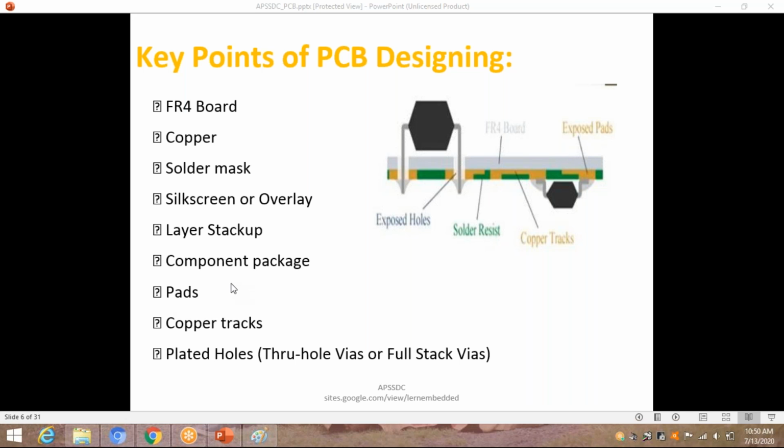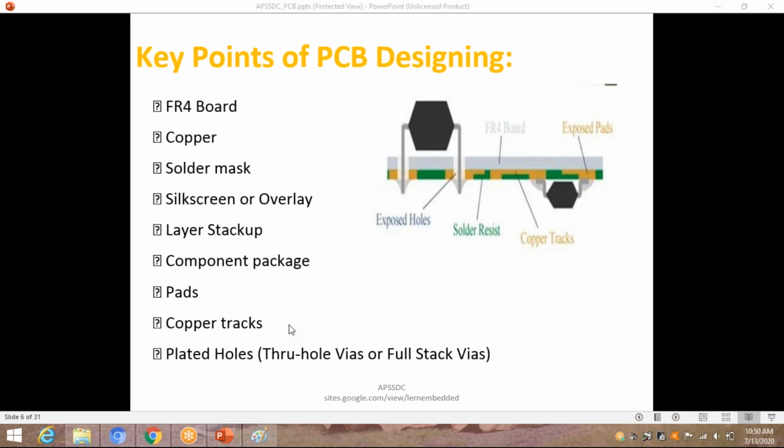Next, pads. I have already told you what is a pad. Pads are the areas where we solder the terminals. Is it clear, guys? The soldering areas are known as pads. Next, copper tracks.